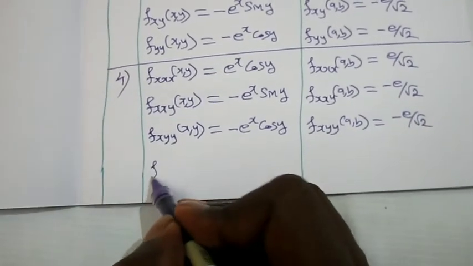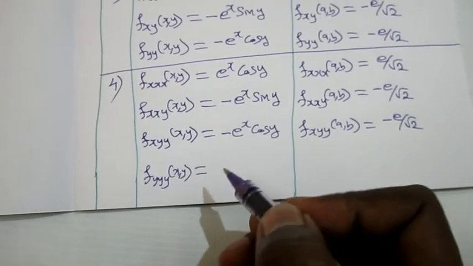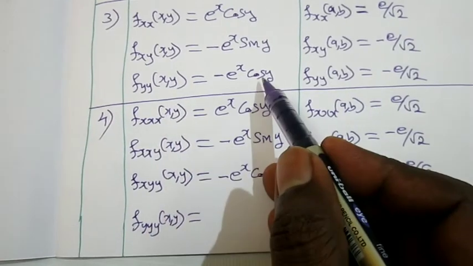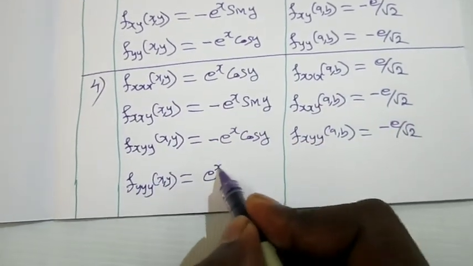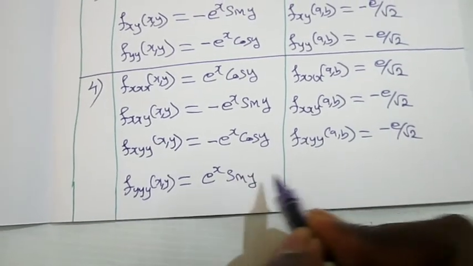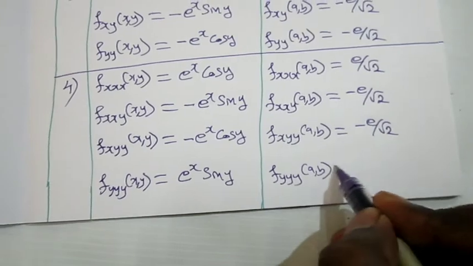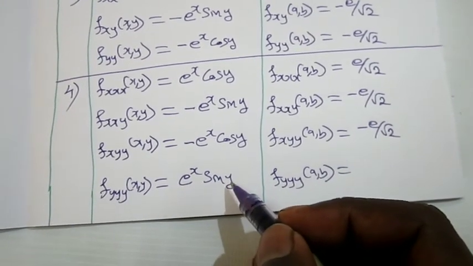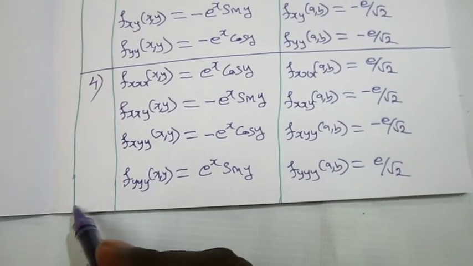The last one, fyyy of x comma y. Already two times differentiated with respect to y, one more time with respect to y, cos y differentiated is minus sin y, minus of minus is plus, so e power of x sin y. Therefore fyyy of a comma b, putting x equal to 1, y equal to pi by 4, is e by root 2. So we found everything.